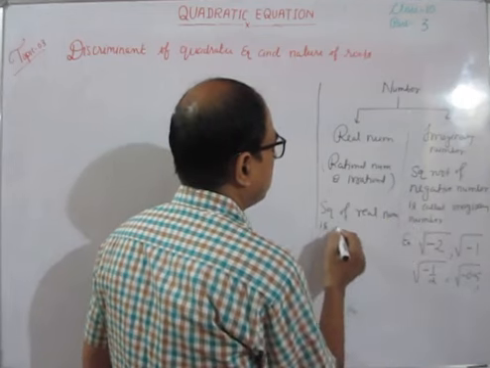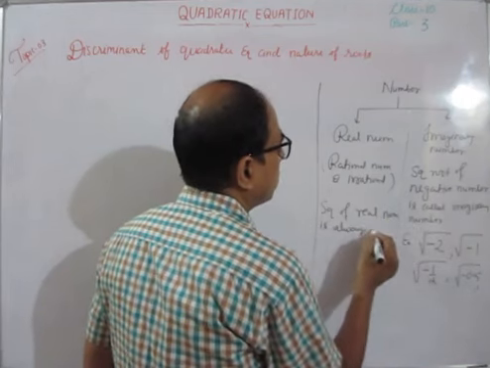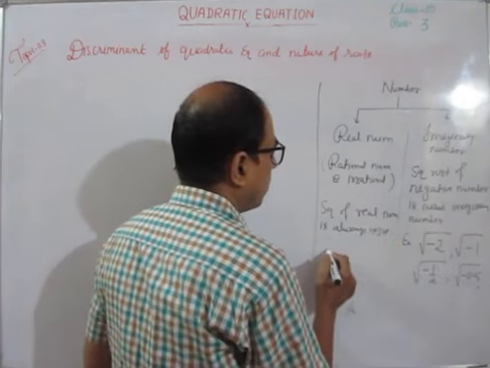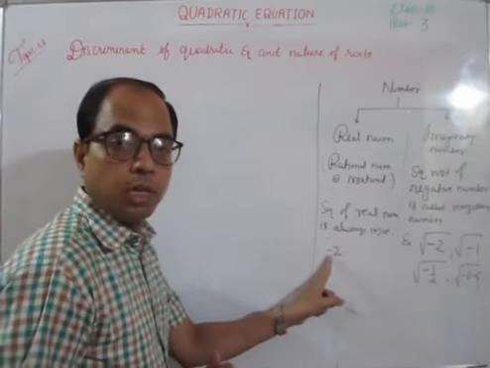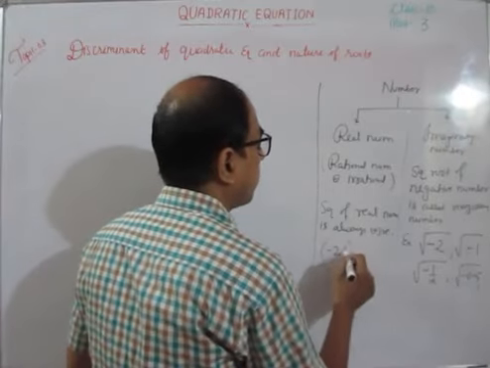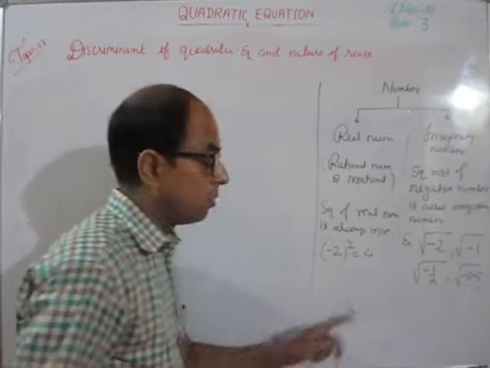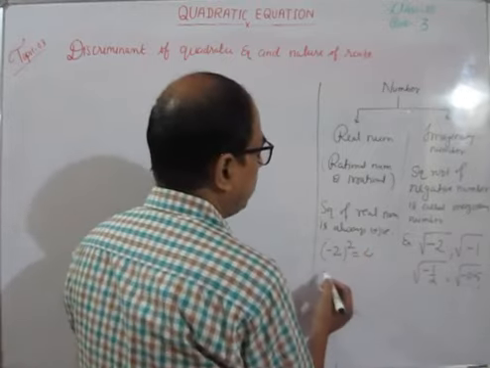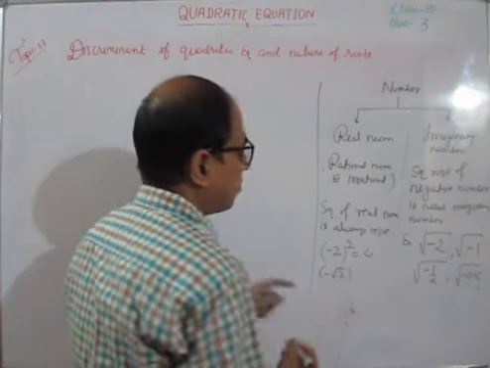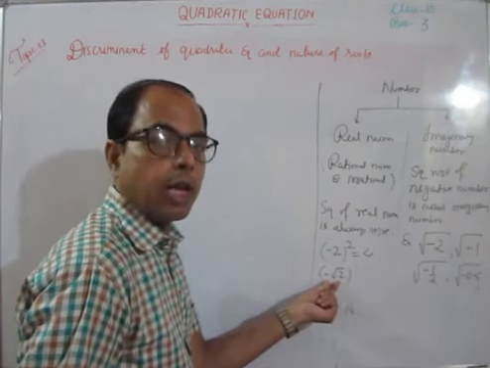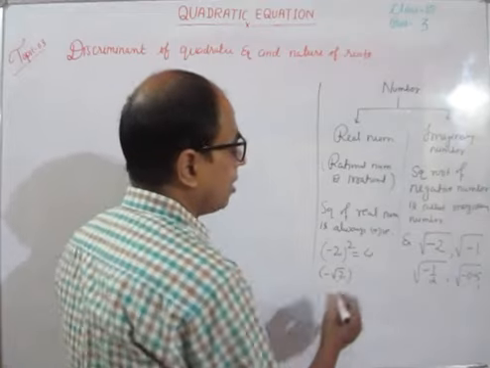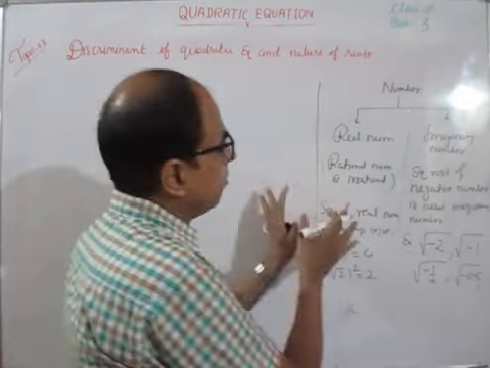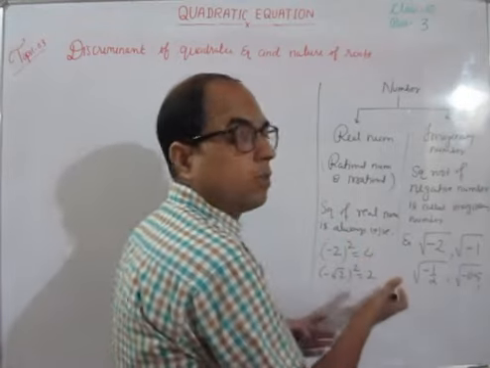For example, suppose -2 is a real number. Its square is 4, which is a positive real number. Likewise, -√2 is an irrational, hence real, number, and its square will be +2. So whatever real number you take, its square is always positive.